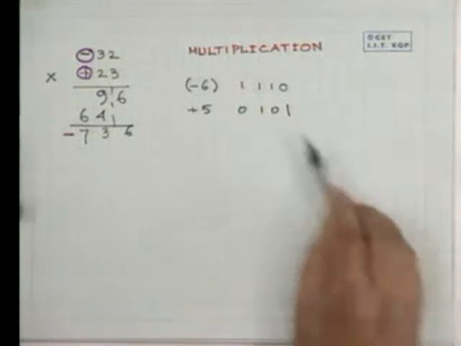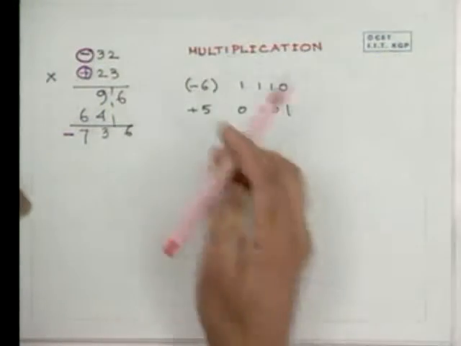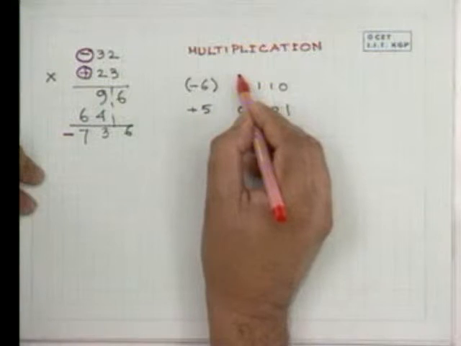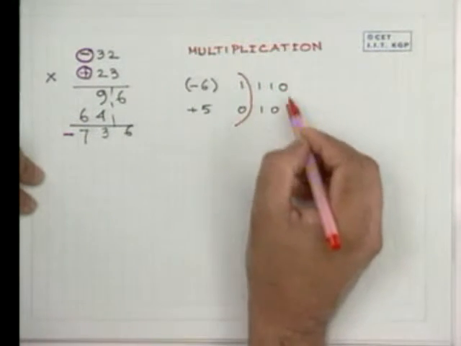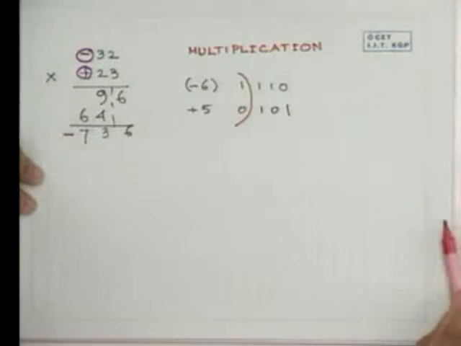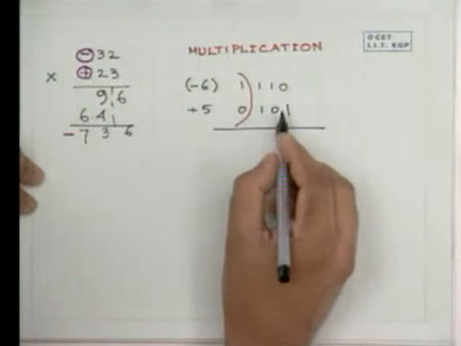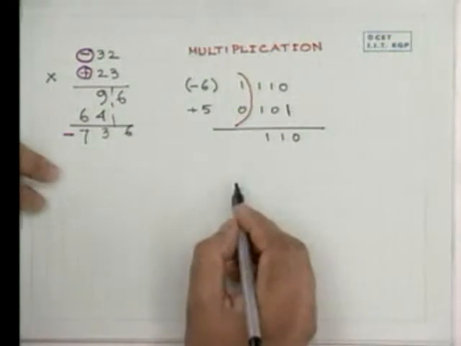Now, in the sign magnitude form, as we did in the binary representation, let us first forget about the sign. Let us take 6 and 5 as unsigned numbers, and then start the multiplication. First, it will be 1, 1, 0, since this bit is 1.